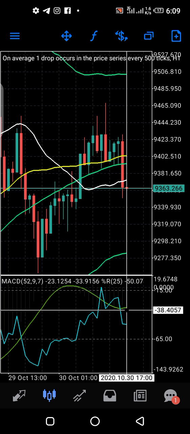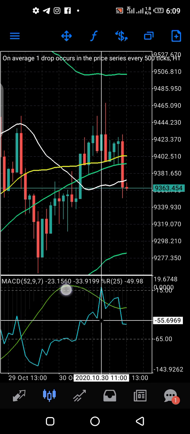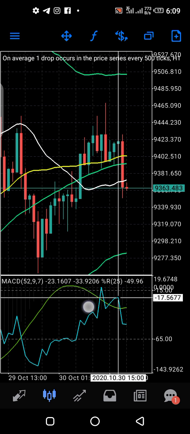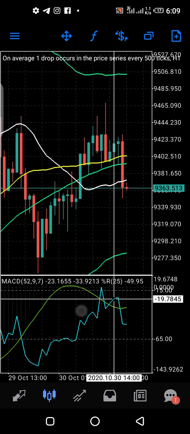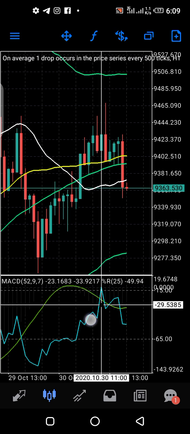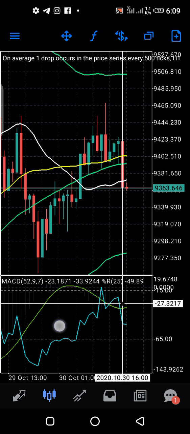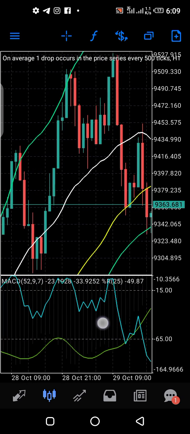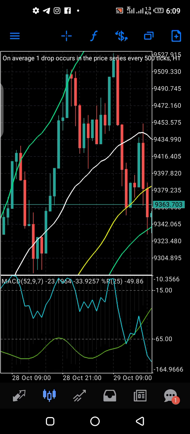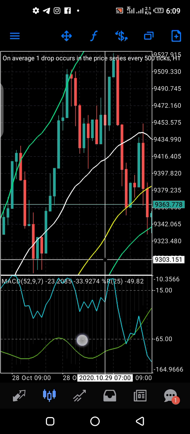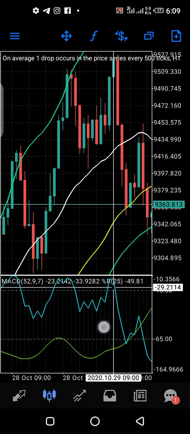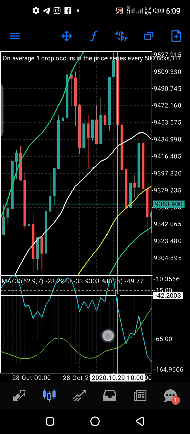Now, this is a confirmation. Once it crosses this line and comes down here, this is a confirmation that there will be a spike. If you check previous markets, once it crosses and starts forming a parabolic curve here, you place a trade.